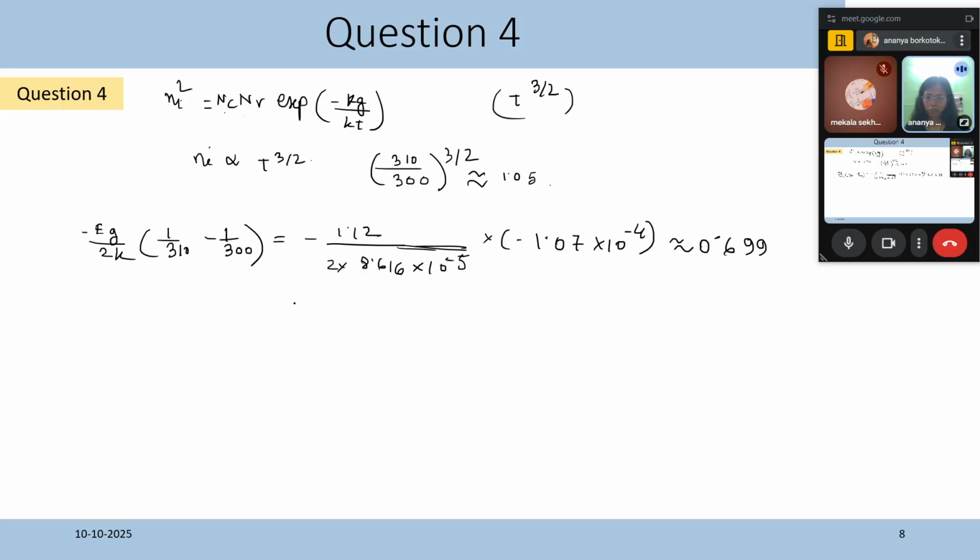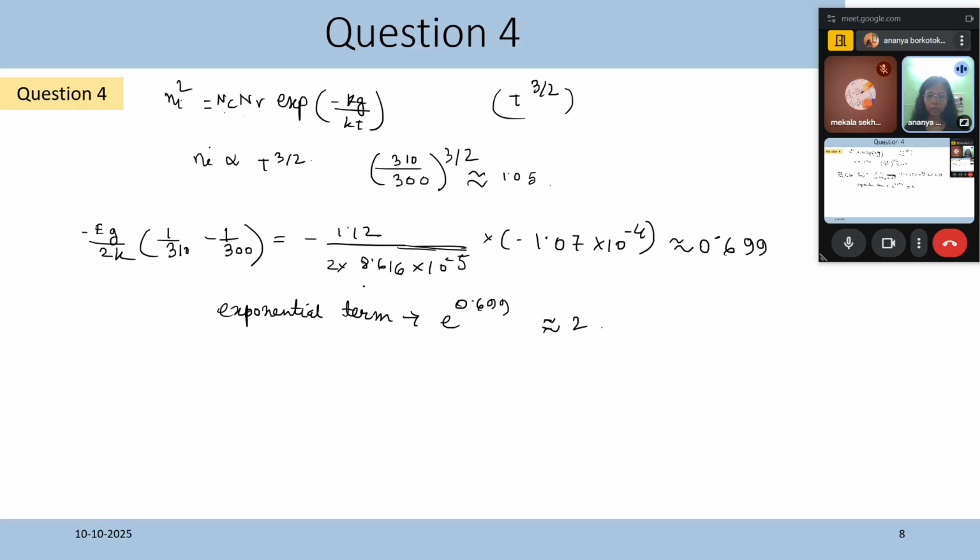So the exponential of 0.69 will be approximately 2.